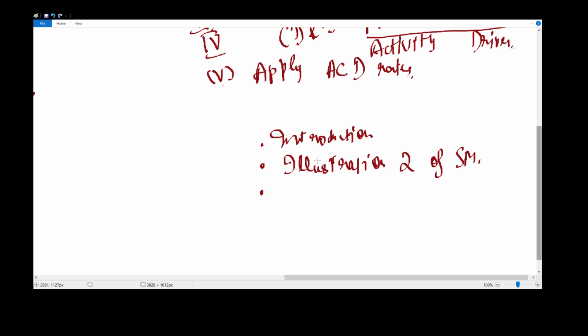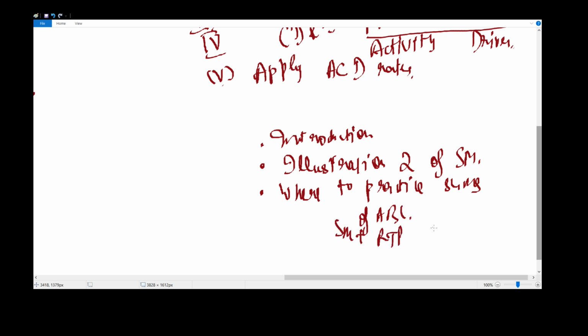To practice sums of activity-based costing, solve study material, RTP, MTP of this chapter, and May 18th and November 18th exam questions, as this is a sure shot question for 10 marks in the paper.